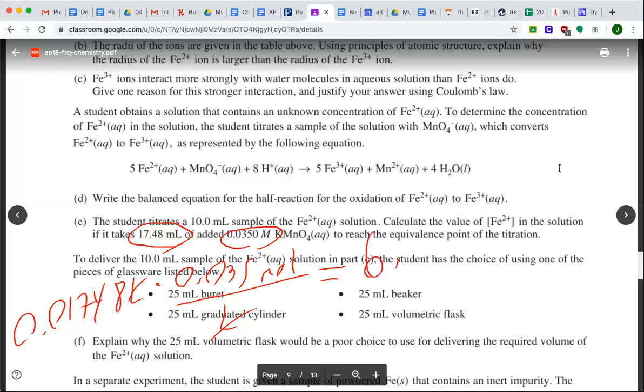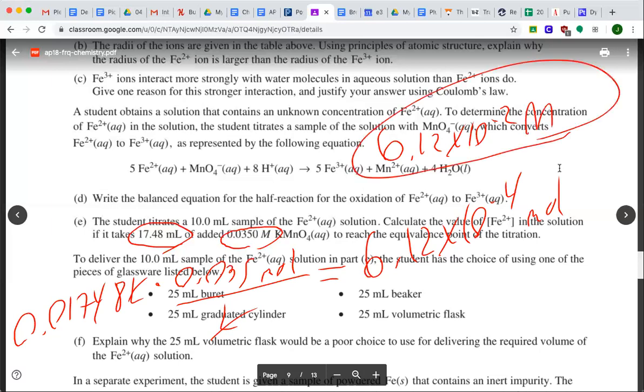That's how many you start with. And then you divide that number by 0.01 liters, which gives you 6.12 times 10 to the negative second molar. That's your initial concentration of Fe2+.